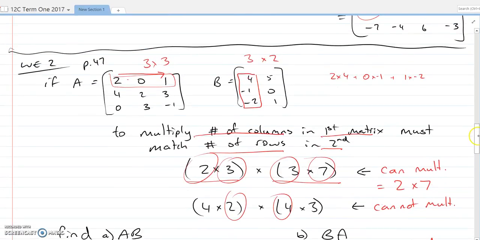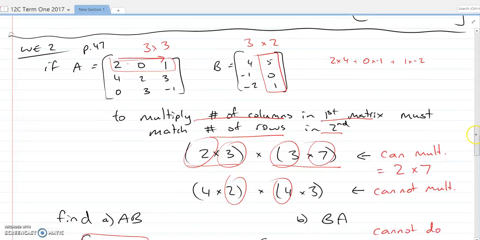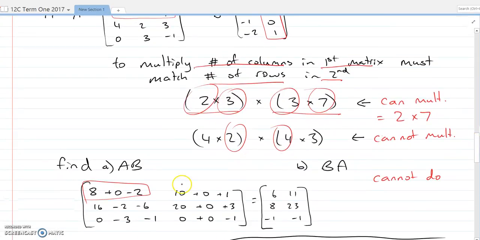And so on. The second element, the one next to that, we do the first row times the second column: 2 times 5, 0 times 0, and 1 times 1. So that's 10 plus 0 plus 1. And so on.